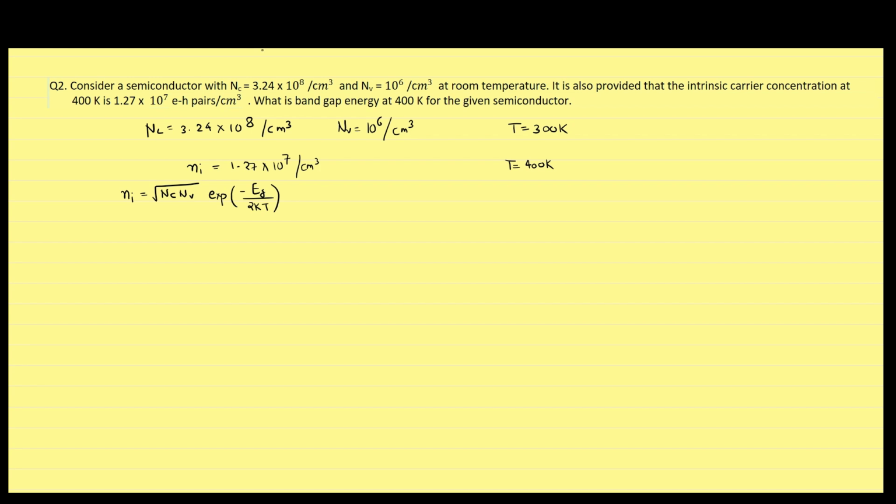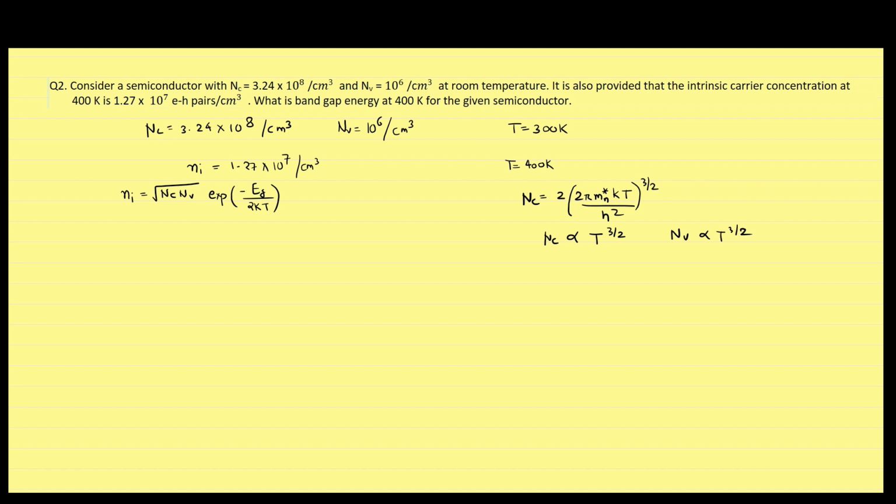And you also know that Nc is equal to 2 pi effective mass of electron into kT divided by h square raised to the power 3 by 2. So you see that effective density of states is proportional to temperature raised to the power 3 by 2, and the same goes with Nv.